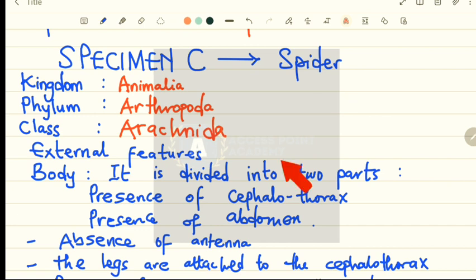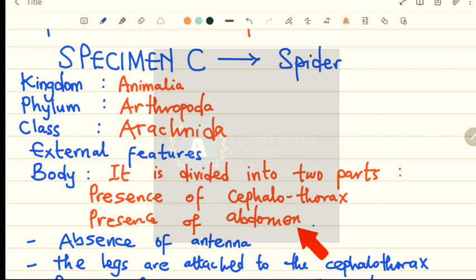So what are its external features? The body is divided into two parts, the cephalothorax and the abdomen.